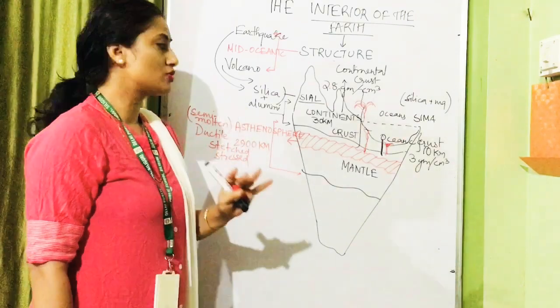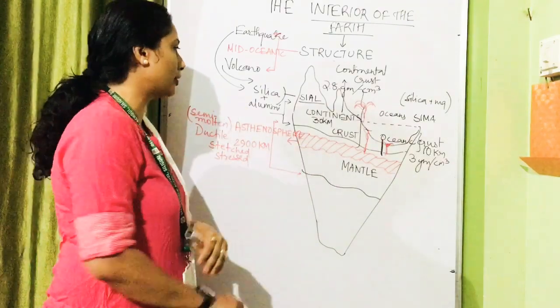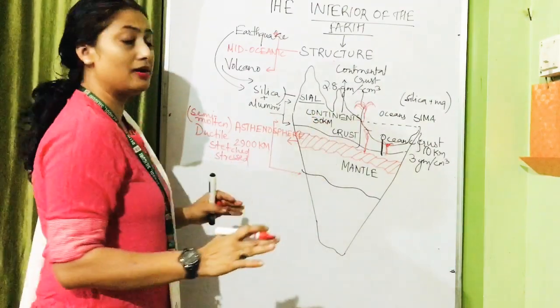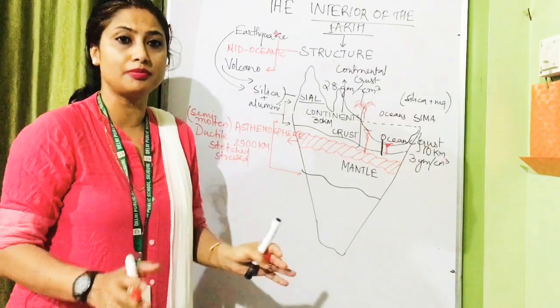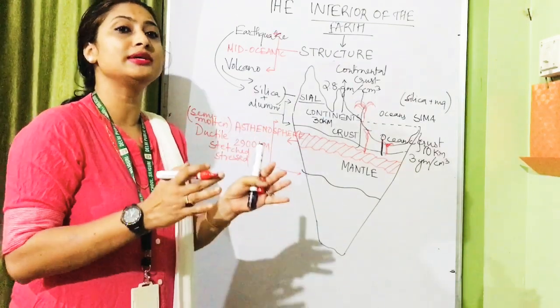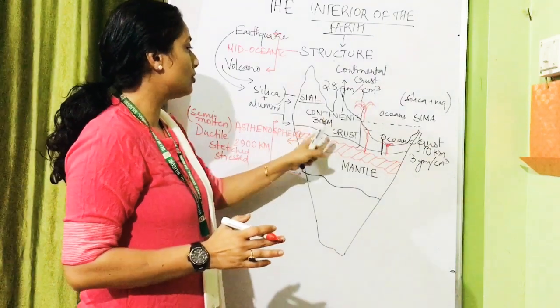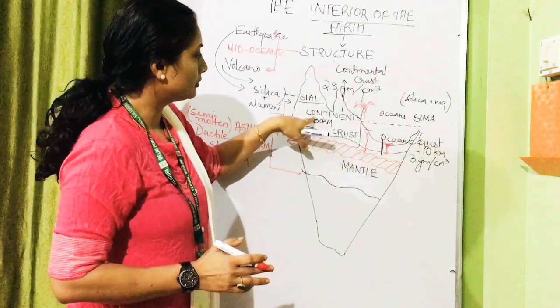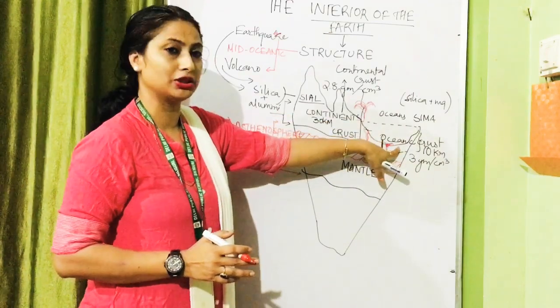The third importance of the mantle, how the mantle is so important. We all know that these continents are not stationary. They are not stable. They are floating, rather they are moving. Now this movement is possible only because they are on this layer of asthenosphere. You can see the continental crust as well as the oceanic crust.